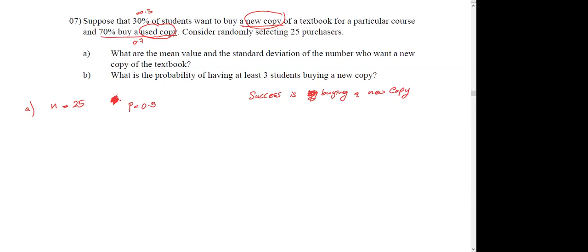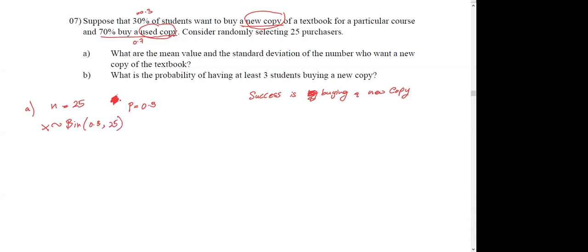Part A asks for the mean value and the standard deviation. So what are the expected mean and variance of this binomial distribution? Let's say X has a binomial distribution with probability 0.3 and n is 25.